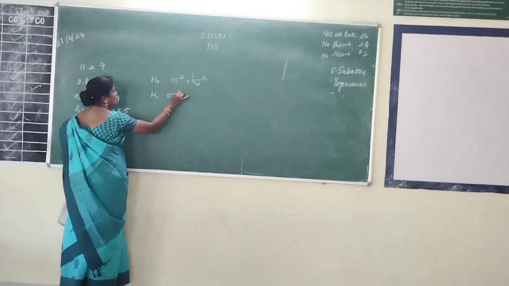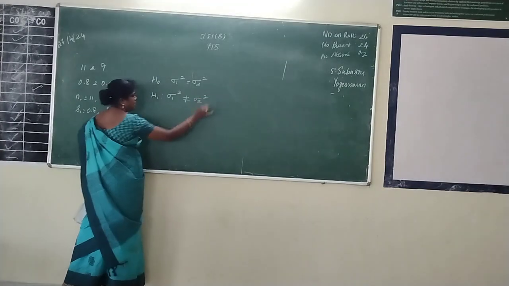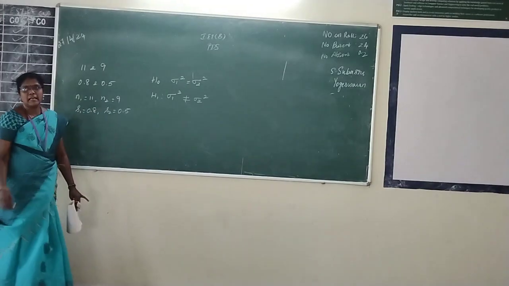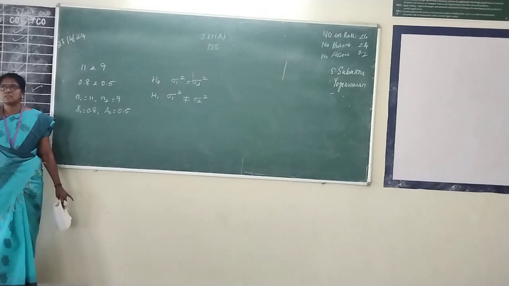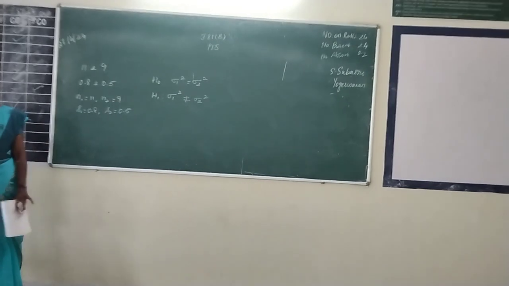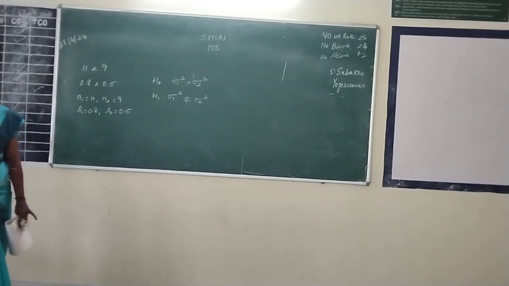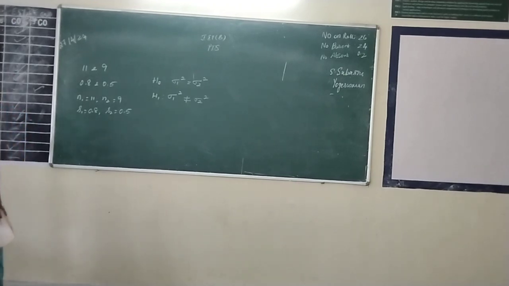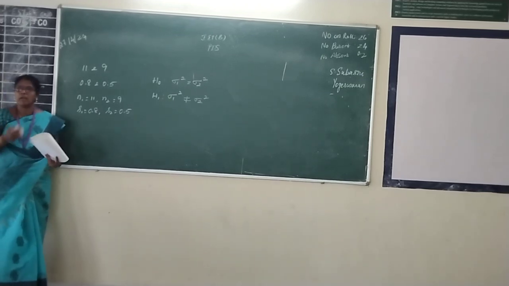Sigma1 square not equal to sigma2 square, because they are asked to check whether there is a variance difference or not. What type of test? Two tail. But here it doesn't matter for F distribution. Whether it is two tail or one tail, they are going to use the same values.